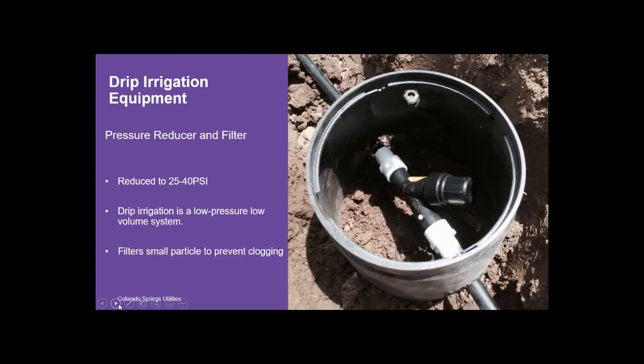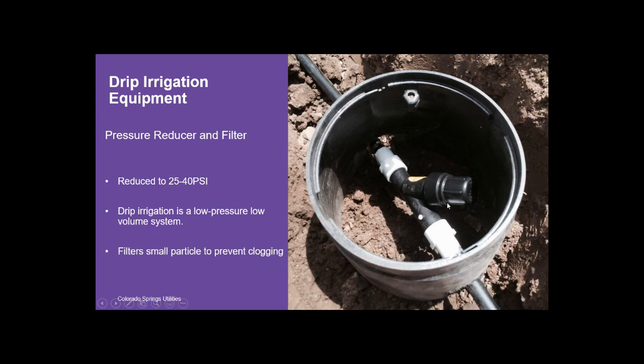One of the main components of a drip irrigation system is a pressure reducer and a filter. Drip irrigation is a low pressure and low volume irrigation system, so we want to really dial that pressure back for that zone to anywhere from 20 to 45 psi. These filters are going to filter out any small particles in that drip irrigation system from clogging those emitters.